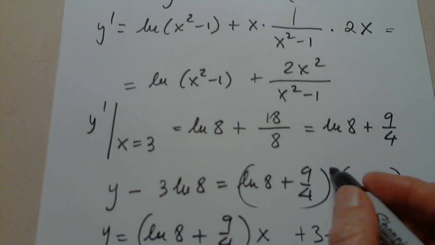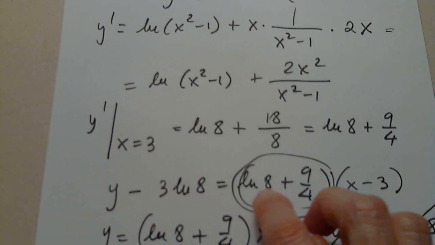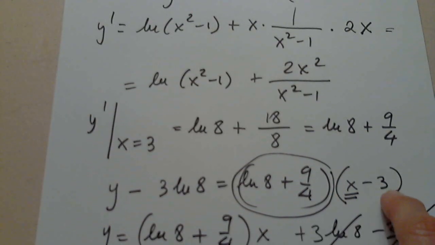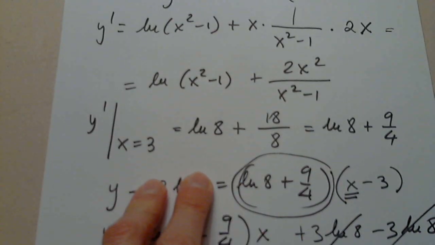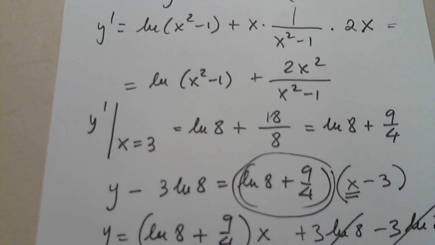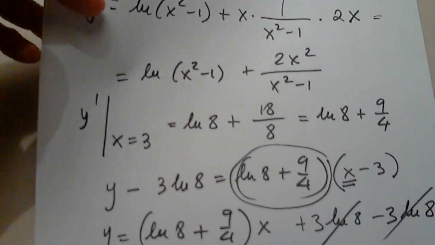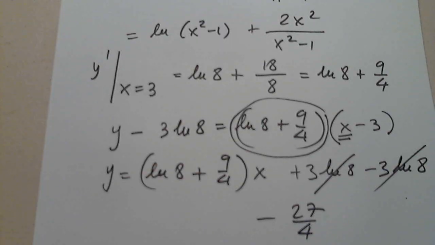I distributed x to this group. Leave it alone. Then I distributed -3 to natural log 8 and -3 to positive 9/4. But also this was -3 natural log 8, and I had to bring it to the other side as positive. Luckily, those two disappeared. And now the final simplified form of this equation is y equals natural log 8 plus 9/4 x minus 27/4. Leave it alone, don't change anything here.